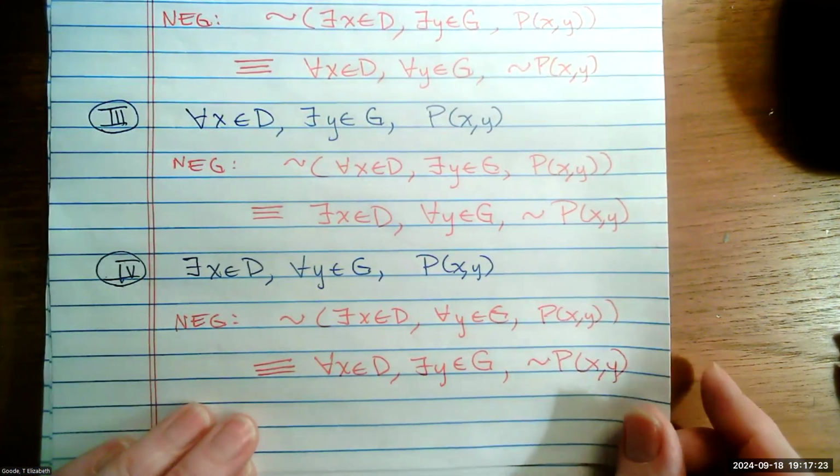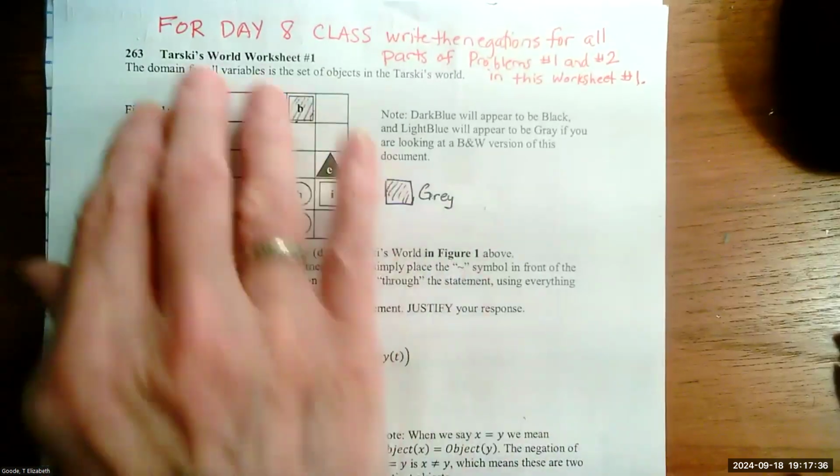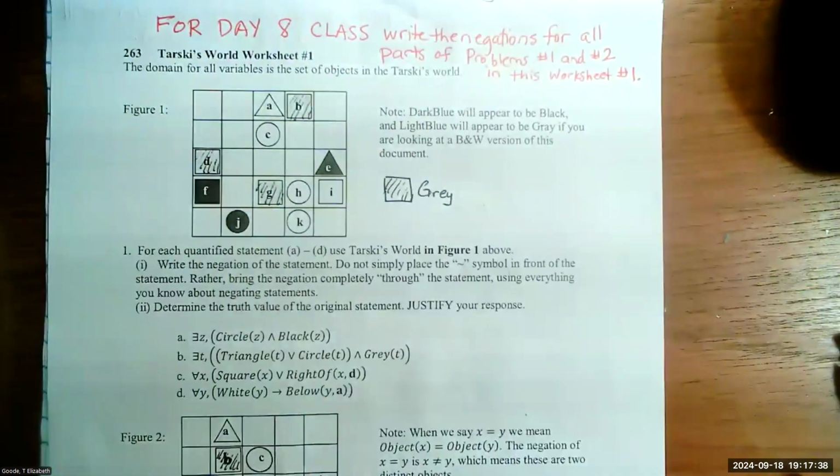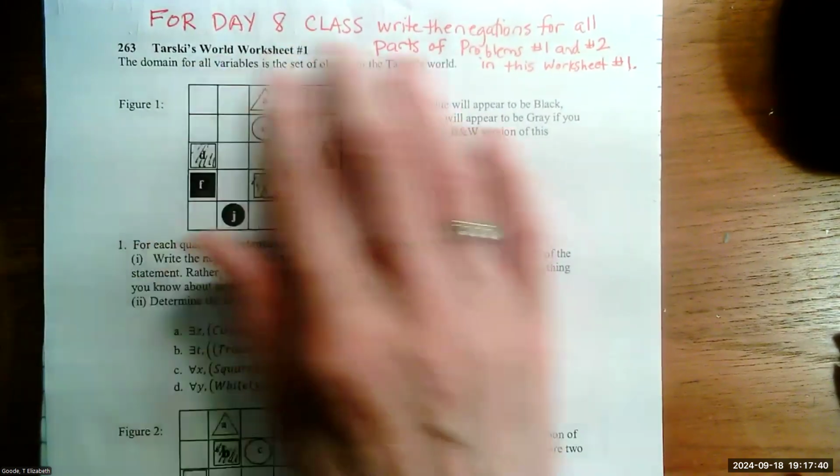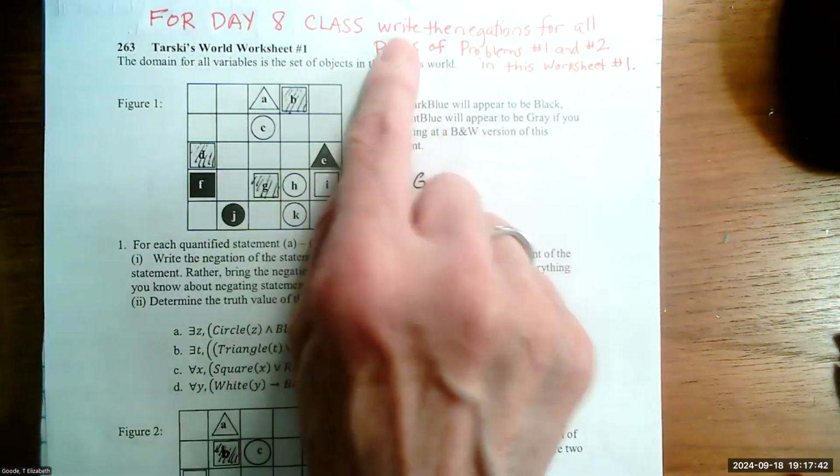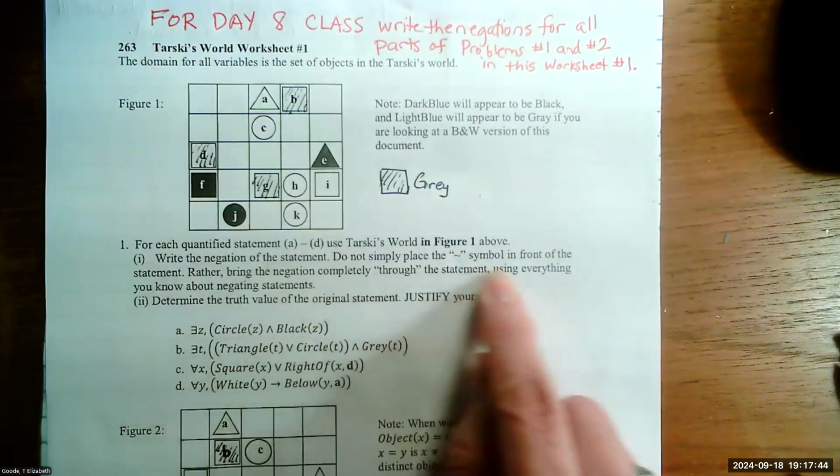All right, so now we're ready to shift gears. We're just about on time here. I'm going to show you the Tarski World worksheet. And here's a little thing for class on Monday. I want you to prep for class by doing part 1, write the negation.